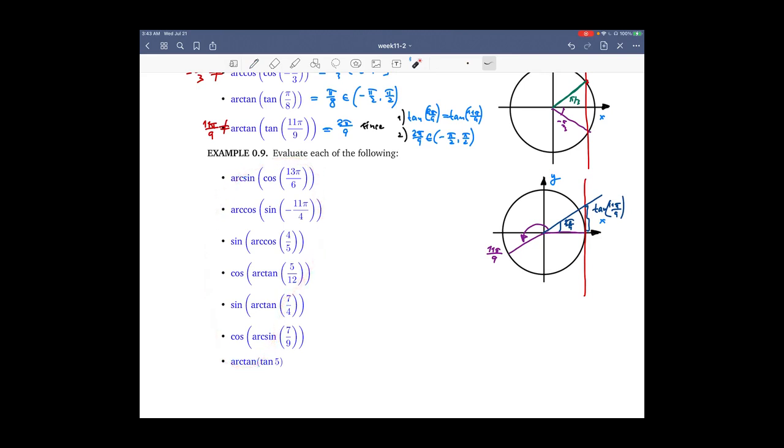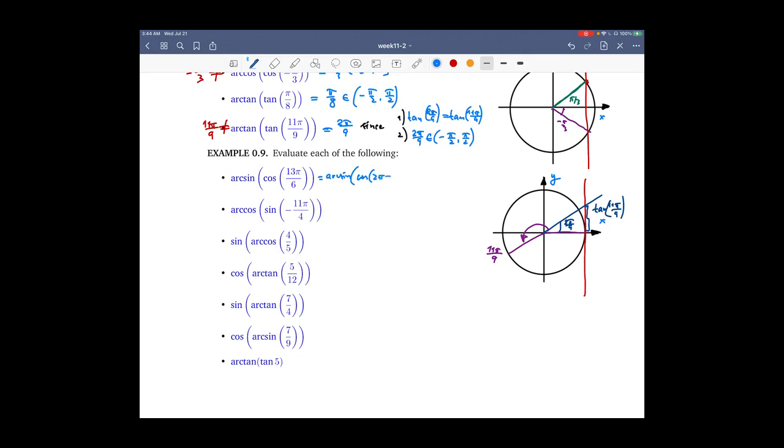In the next set of computational examples, we might have to work with the right triangle occasionally. Say in the first example, we need to compute arcsine of cosine of 13 pi over 6. Because 13 pi over 6 is more than 2 pi, it makes sense to write the argument as 2 pi plus leftover.